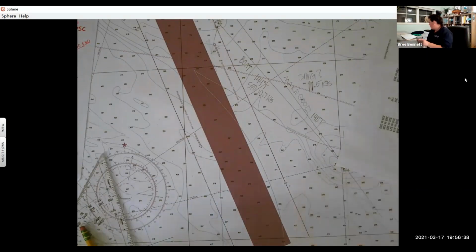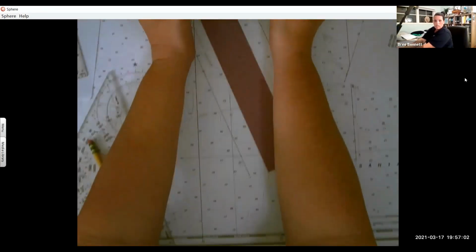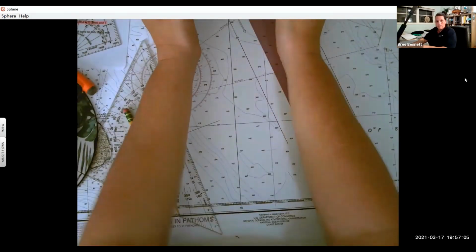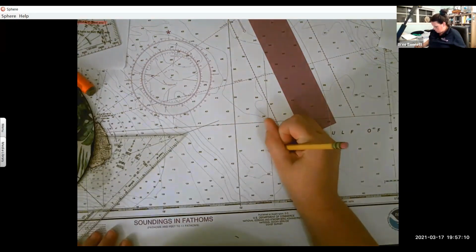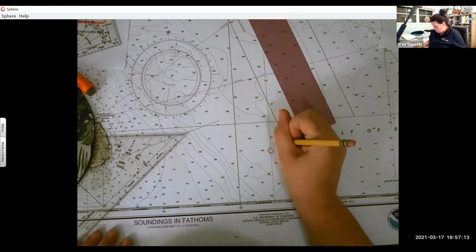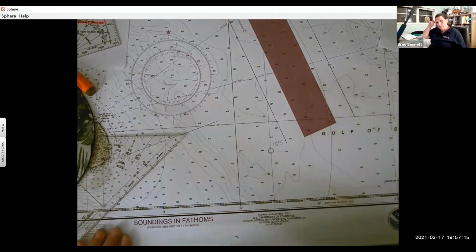And 18.4. So we are way down here at 18:15.